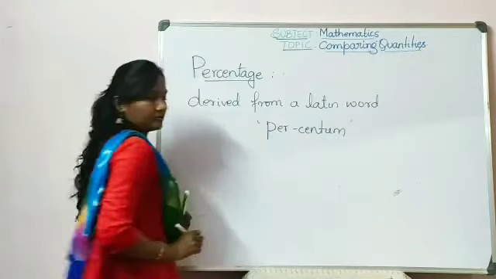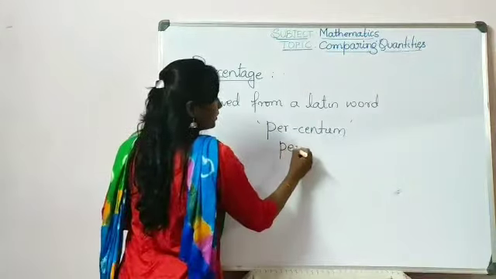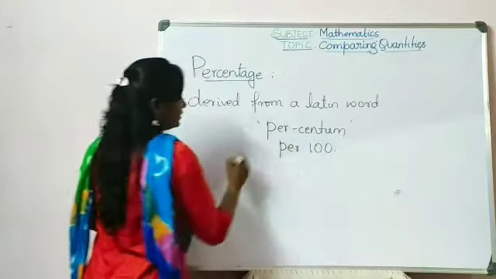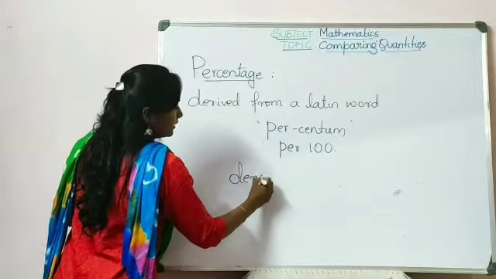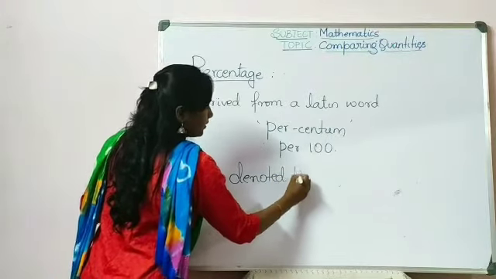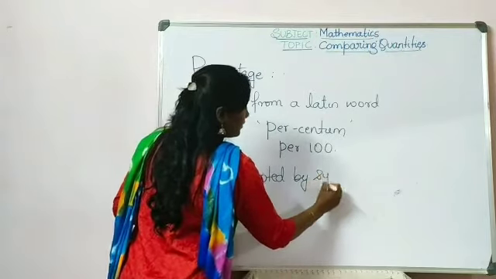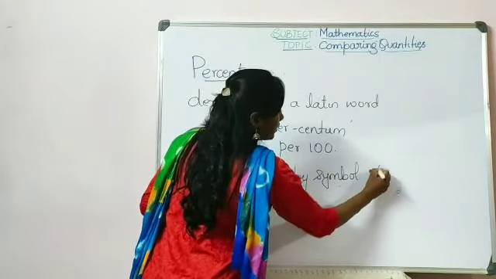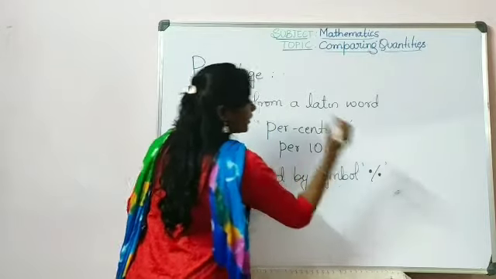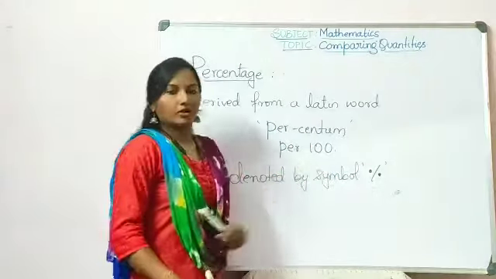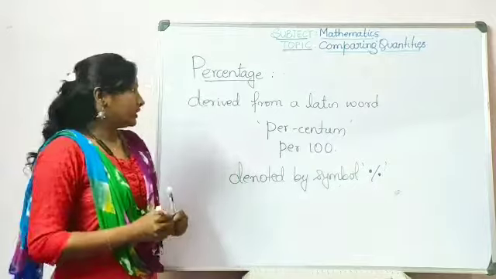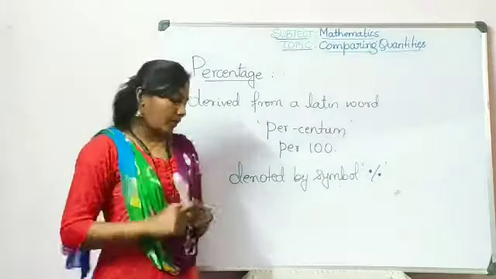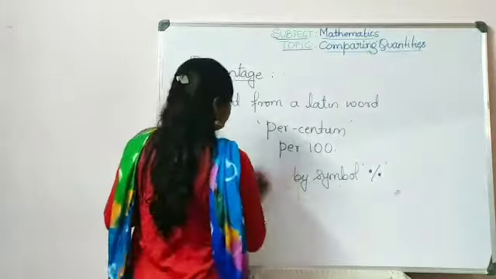So per centum, which means per 100, and it is denoted by the symbol like this. So this is the symbol of percentage. So let us know more about percentage.